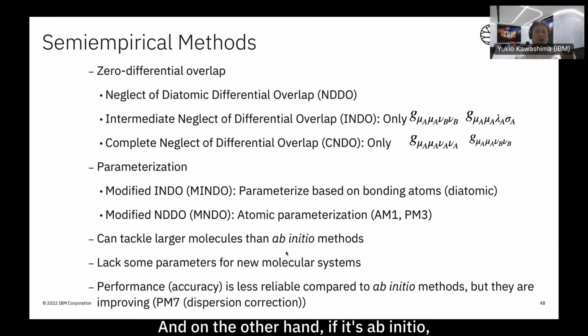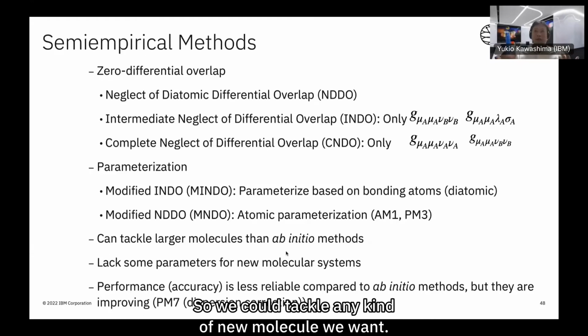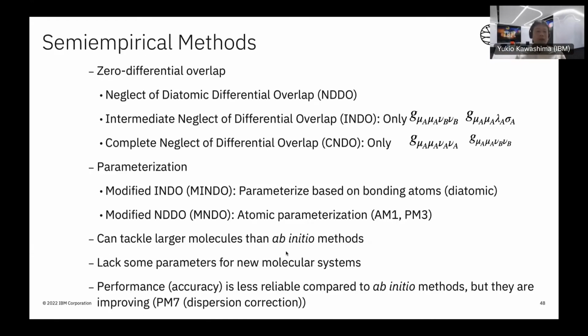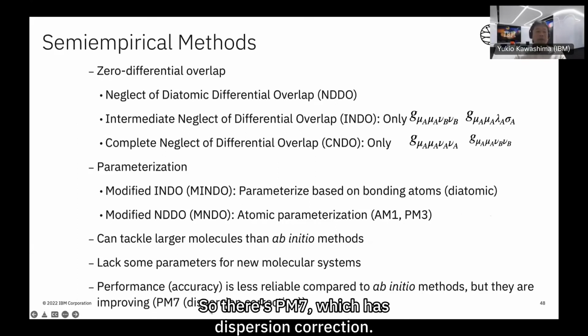On the other hand, with ab initio, if it consists of existing atoms, we don't need any further parameters, so we could tackle any kind of new molecule we want. And also the performance in the sense of accuracy is less reliable compared to ab initio methods. But at the same time, they're improving. There's PM7, which has dispersion correction, so they can treat the weak interaction quite well.